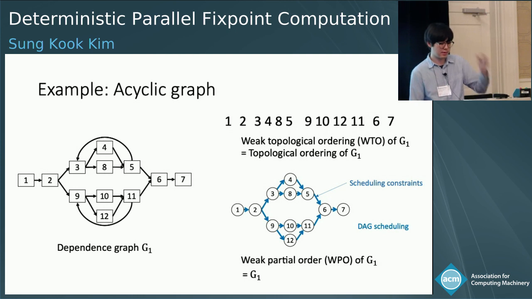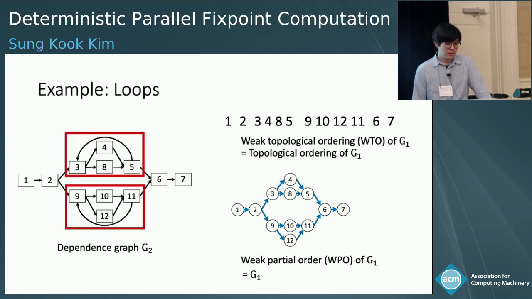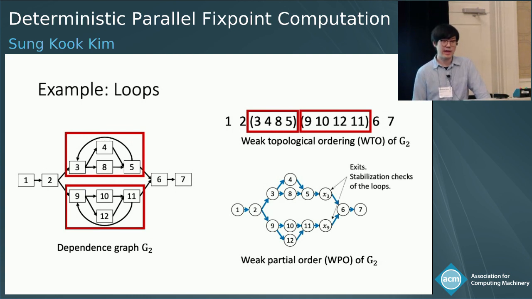And now, if we add these new edges, we get loops in the program. This is reflected by the parentheses in the WTO, which shows the corresponding loops. Now, to express these loops in WPO, we first add something called exits, which are the stabilization checks of the loops.